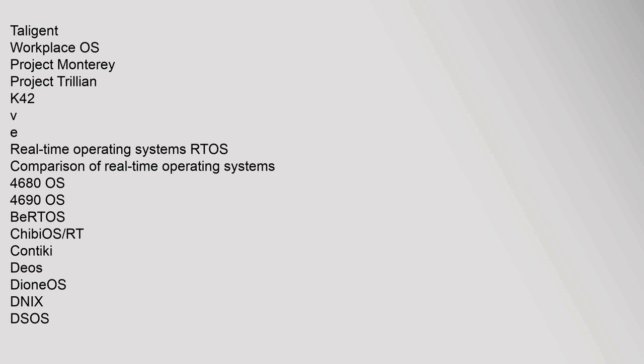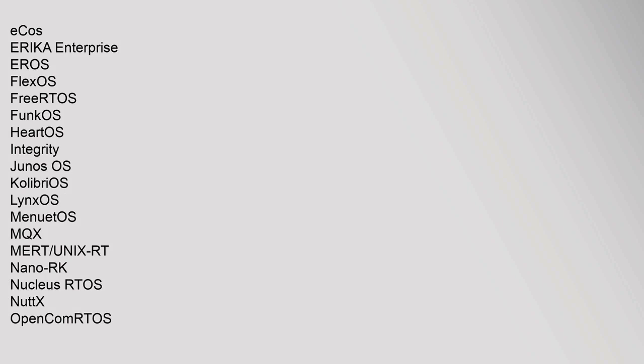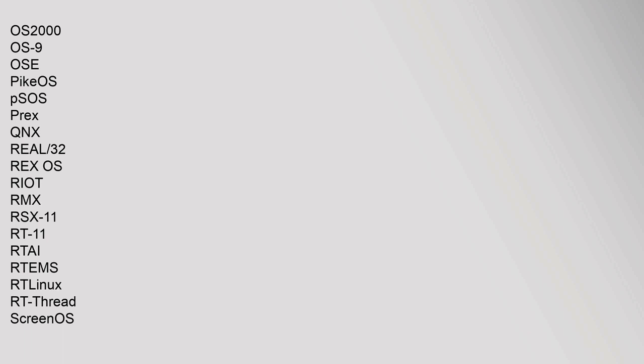Real-Time Operating Systems (RTOS) comparison: 4690 OS, BeRTOS, ChibiOS/RT, Contiki, DEOS, DIANIX, DNIX, DSOS, eCos, Erika Enterprise, EROS, FlexOS, FreeRTOS, Funkos, HartOS, INTEGRITY, Junos OS, Calibrios, LynxOS, MenuetOS, MQX, MERT, Unix-RT, Nano-RK, Nucleus RTOS, NuttX, OpenComRTOS, OS-2000, OS-9, OSE, PikeOS, pSOS, Prex, QNX, Real/32, REX OS, RIOT, RMX, RSX-11, RT-11, RTAI, RTEMS, RTLinux, RT-Thread, ScreenOS.